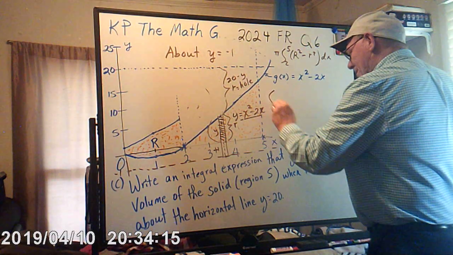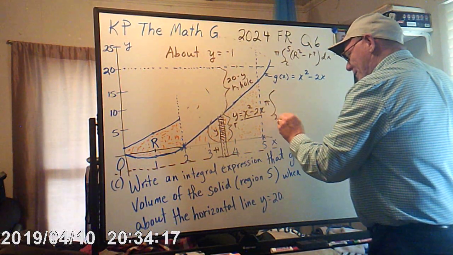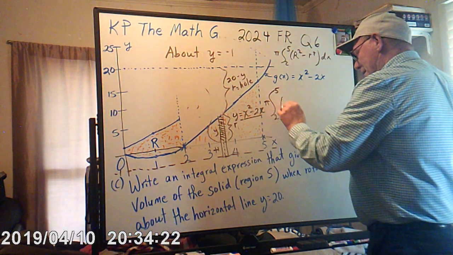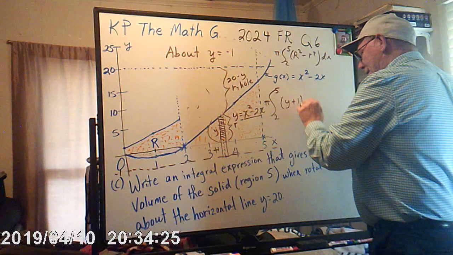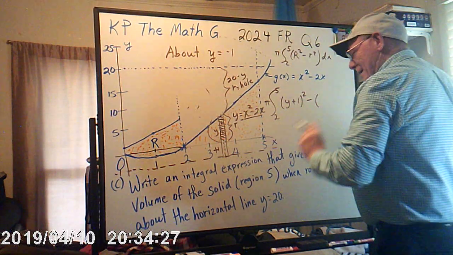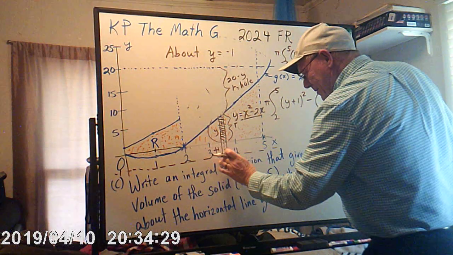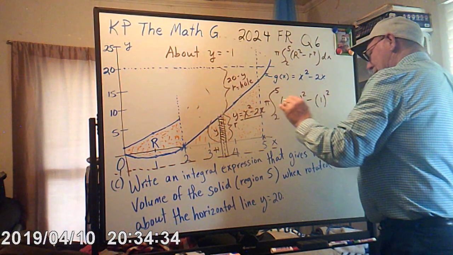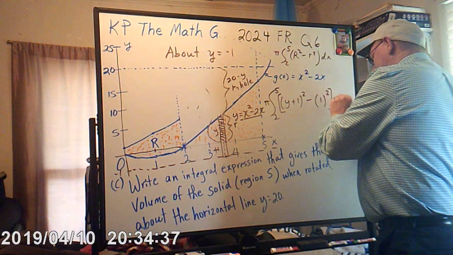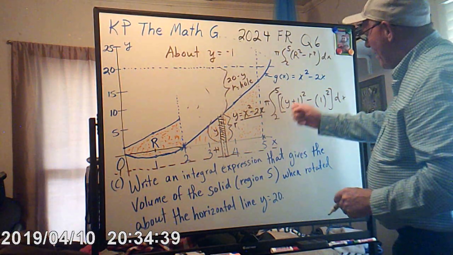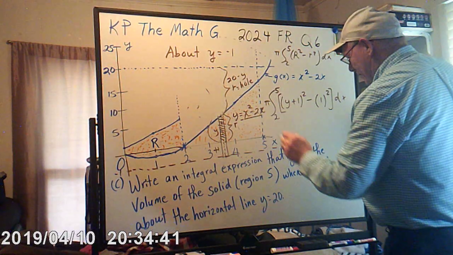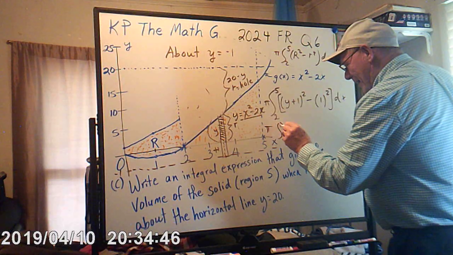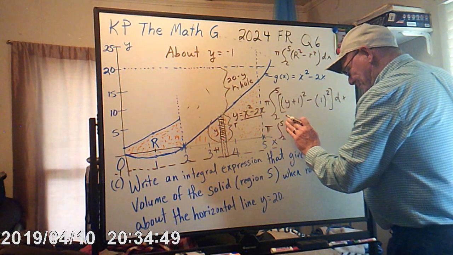Okay, so you're still going from, let's put the pi here, from 2 to 5. And then you're going y plus 1 squared, minus, and then this hole is only 1, so minus 1 squared, and then dx. All right, the y though is x squared minus 2x, so we would just do that. Pi from 2 to 5.